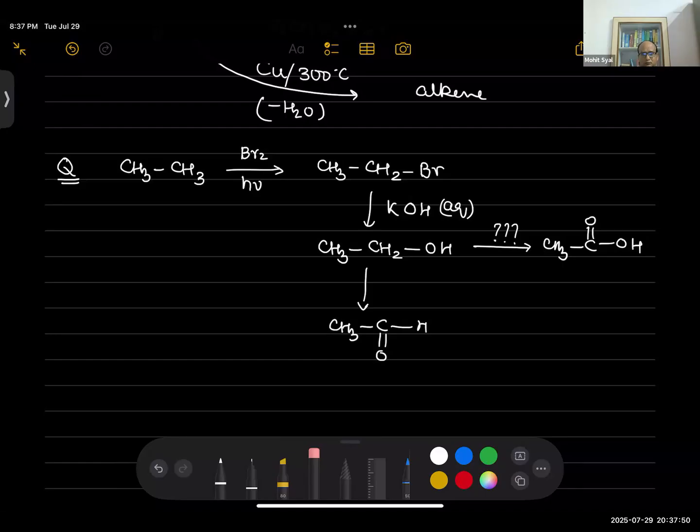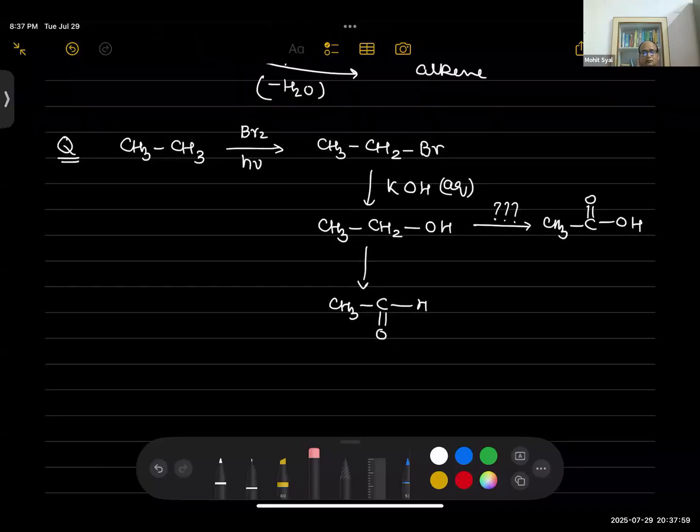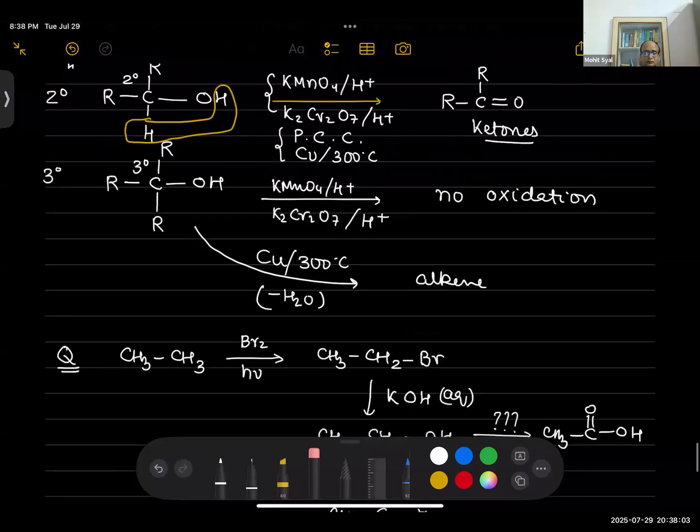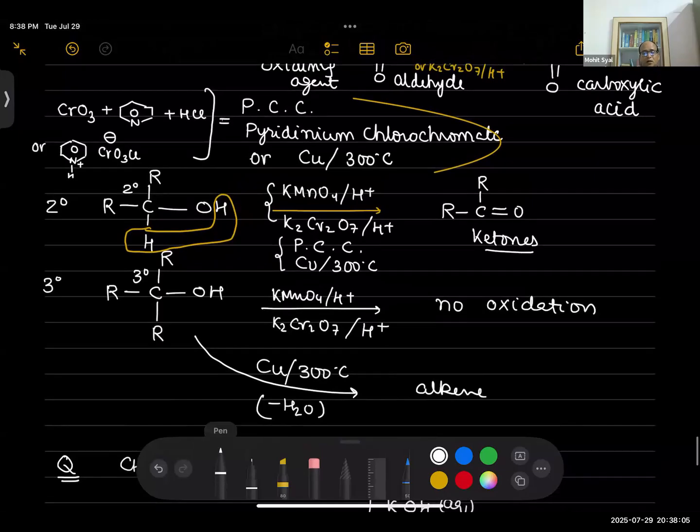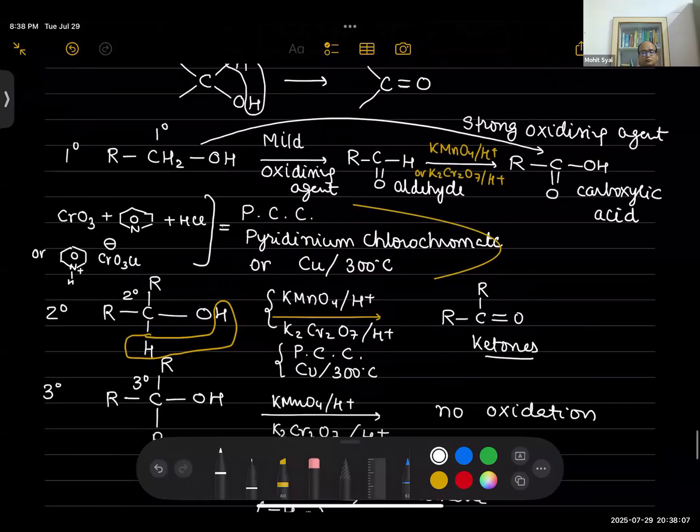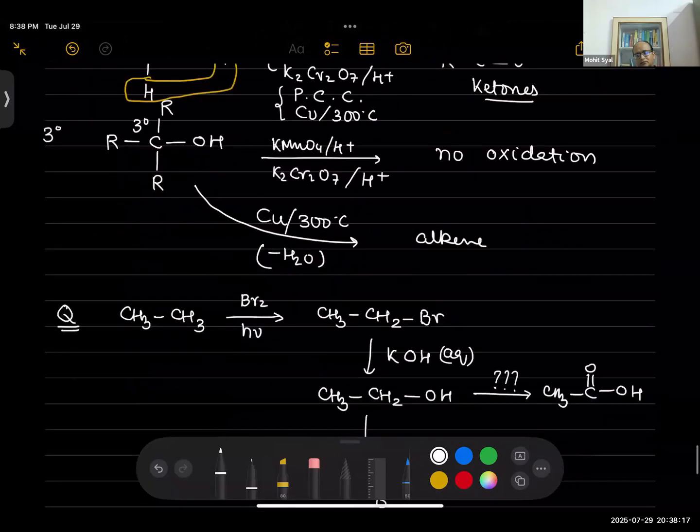Not mild, more than one oxygen is there, right? So it's a strong oxidation. Mild, you will get aldehyde only, just one double bond. And if you take strong, you will end up with carboxylic acid. Is it clear? So this is strong oxidation.